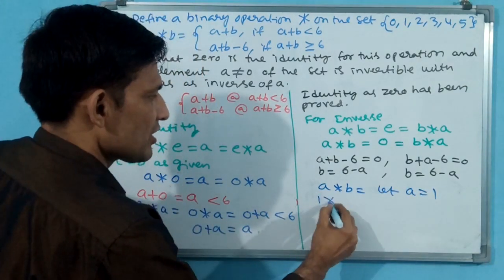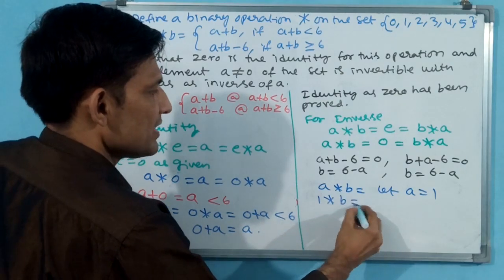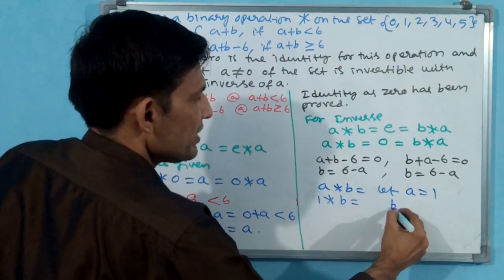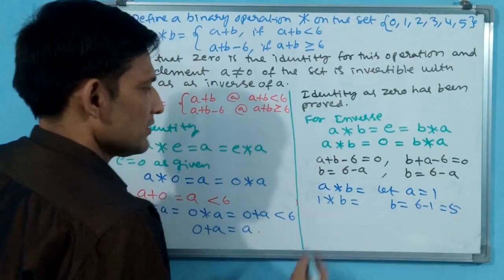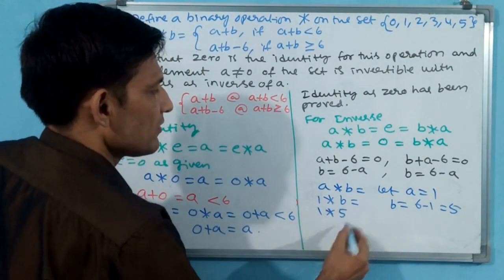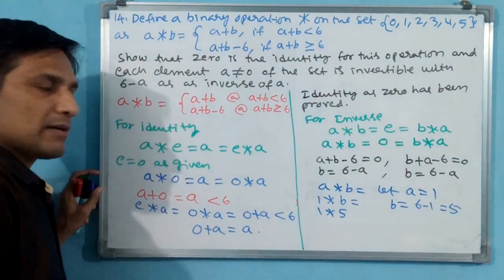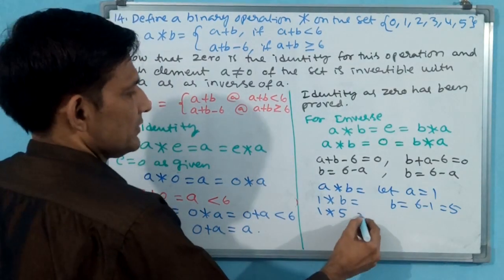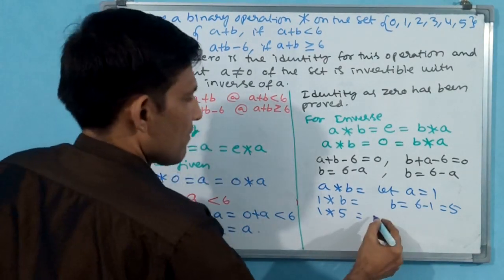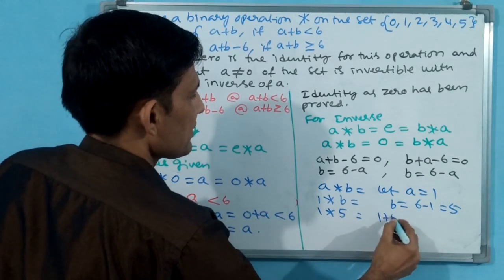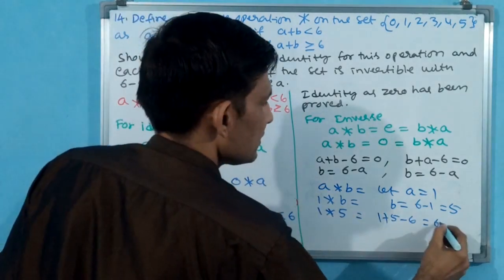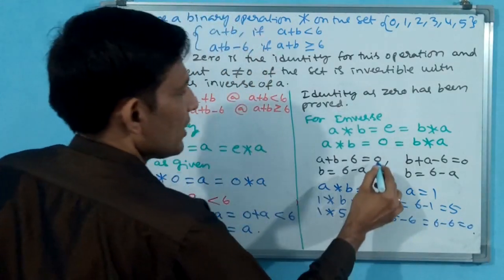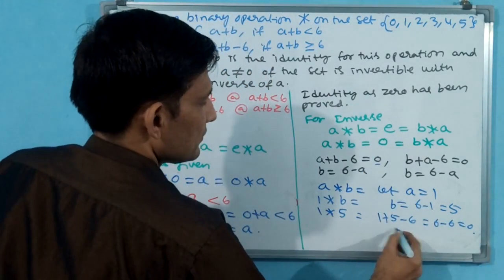That means 1 star B, where B is equal to 6 minus 1, that is equal to 5. That means 1 star 5 should come 0. 1 star 5 is equal to 1 plus 5 minus 6, that is equal to 6 minus 6, that is equal to 0. Now 0 has come.